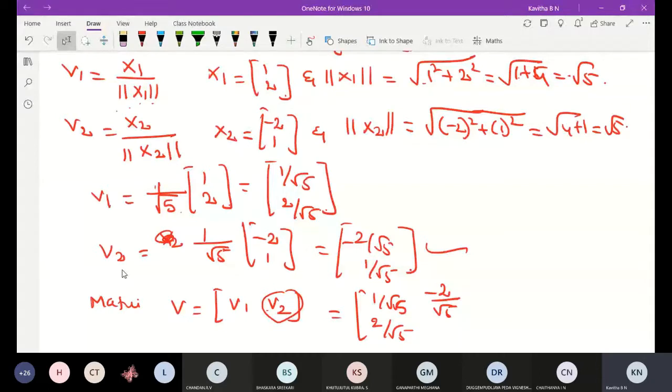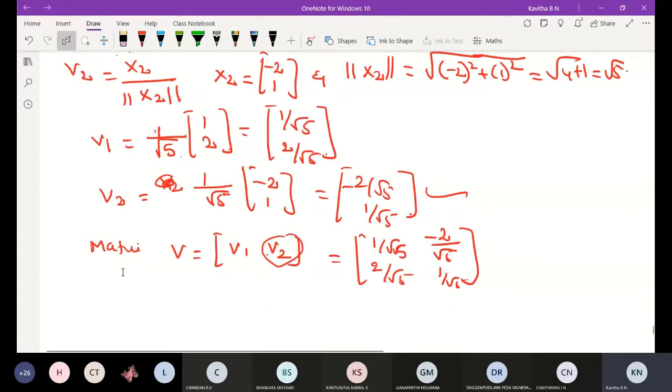Okay, do the transpose here. Transpose means a column can be written row-wise. 1 over root 5, 2 by root 5, column we are writing in row. Then minus 2 by root 5, then 1 by root 5. Okay, this is V transpose.